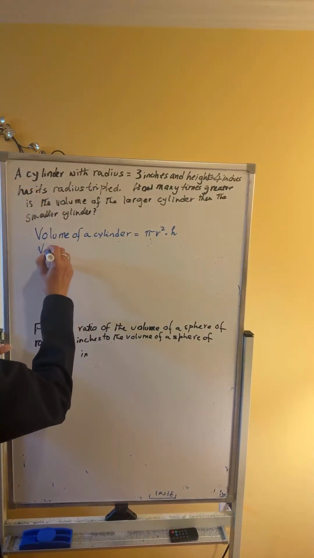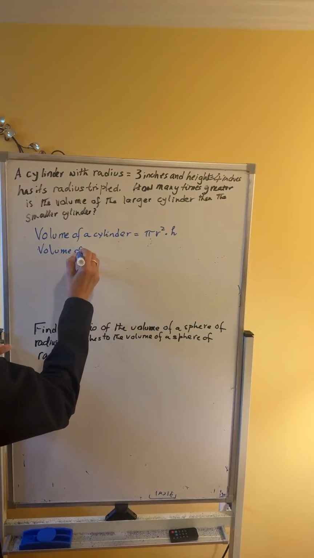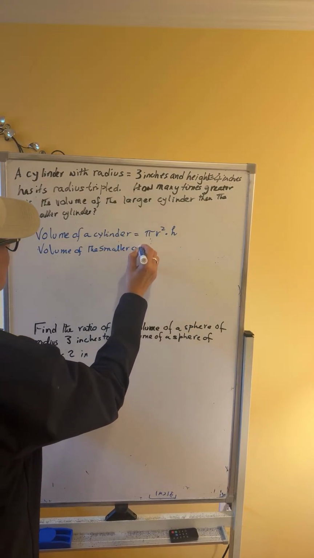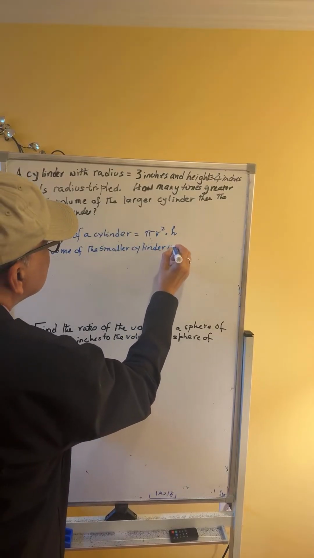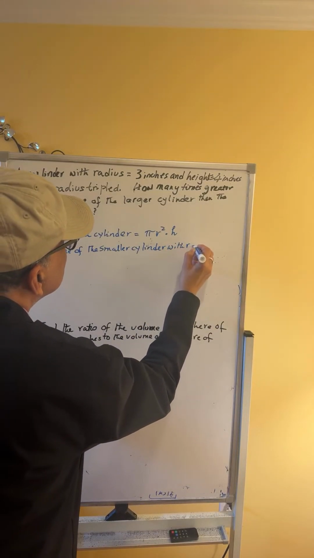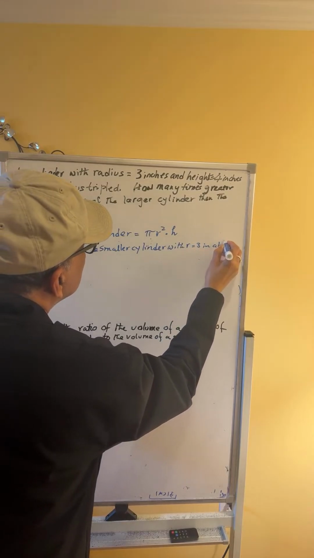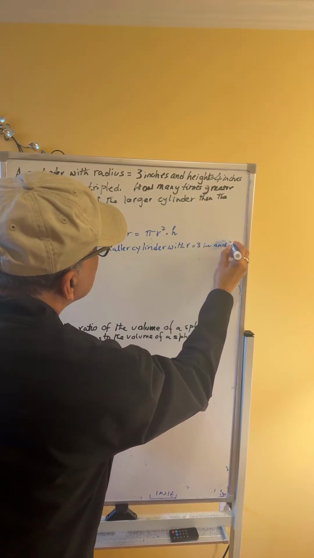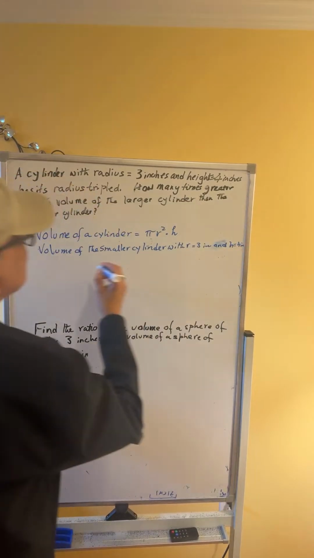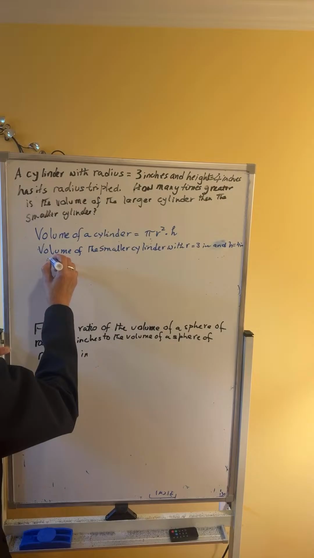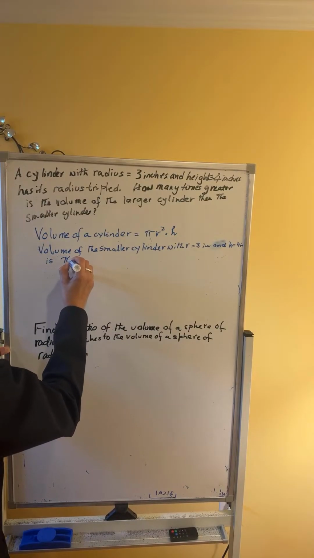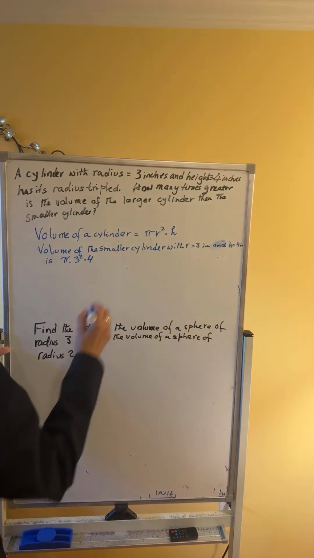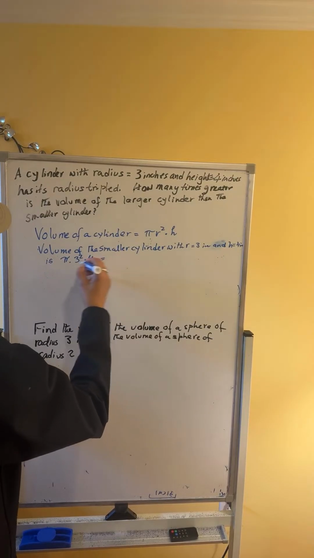Okay, so volume of the smaller cylinder, with r equal to 3 inches and h equal to 4 inch, is pi times r square, 3 square, times h, 4. 3 square is 9.